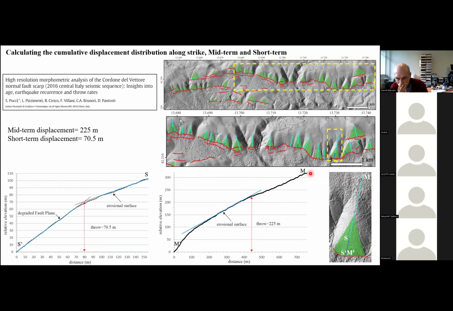If you look at the profile, M is here and M' is here, and this is the S for this profile. The point where we can see the changes is at the top of the facets.